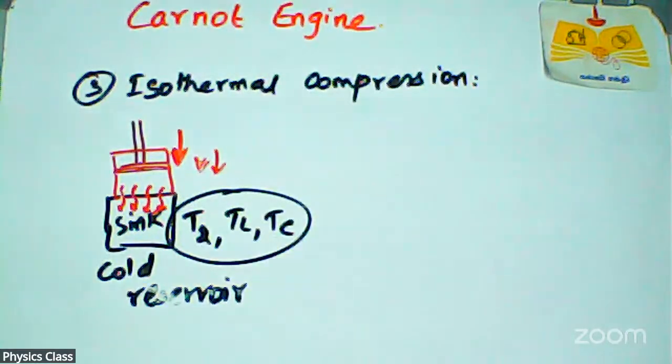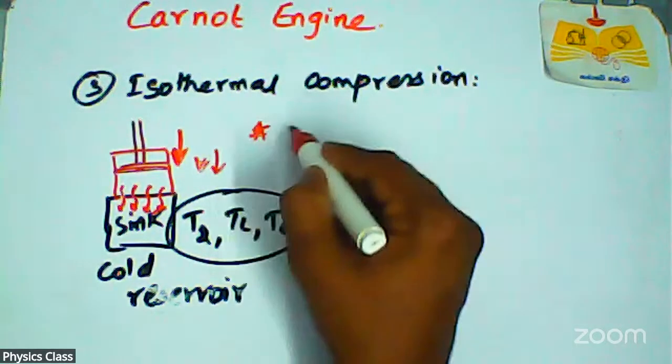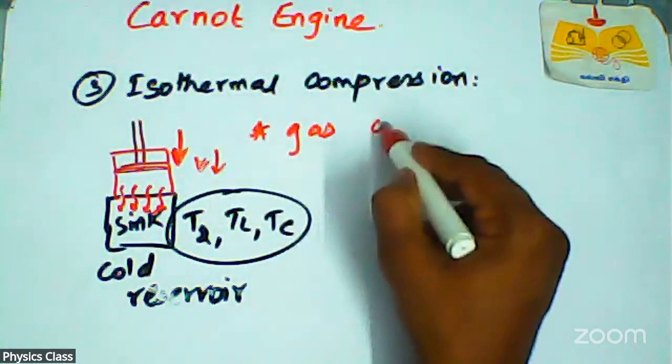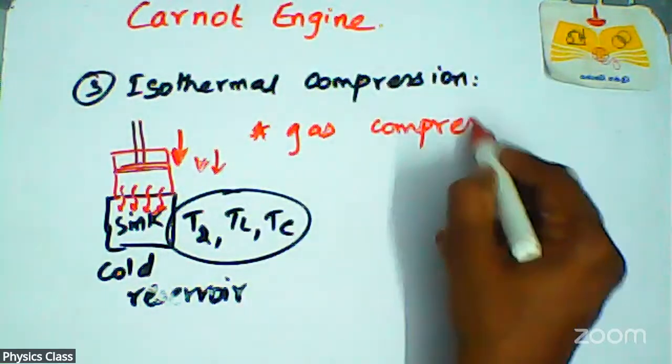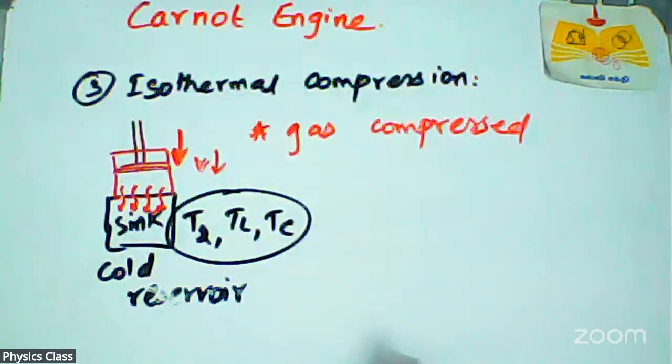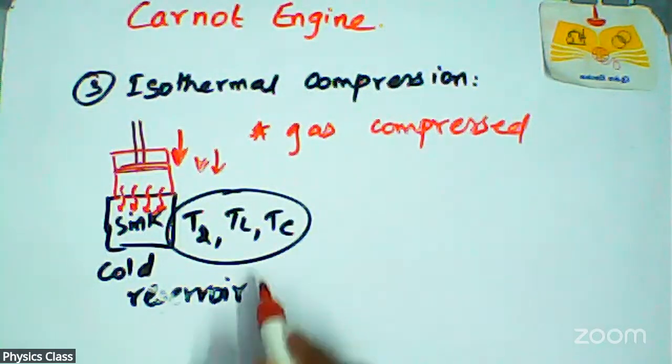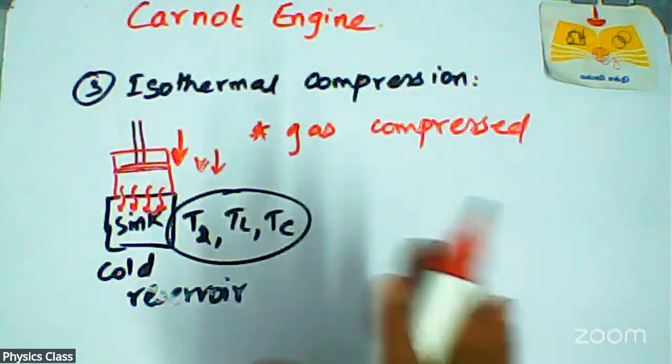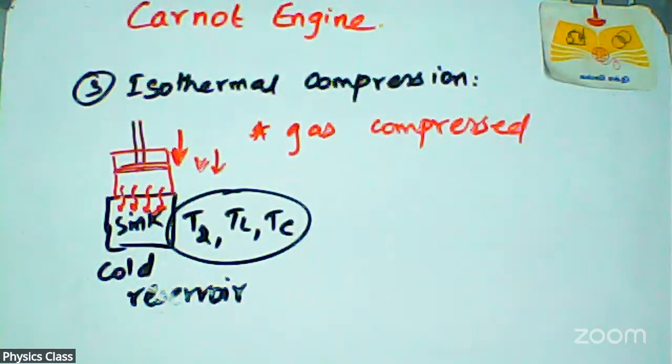TC. The gas is compressed. It is placed on a cold reservoir. The gas is compressed isothermally at this lower temperature.